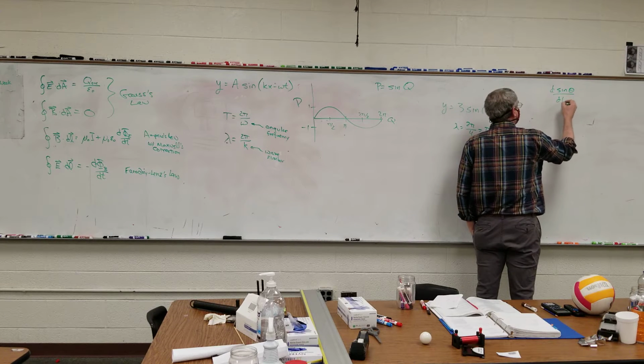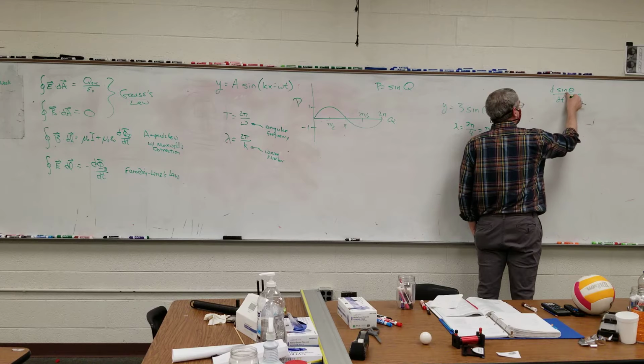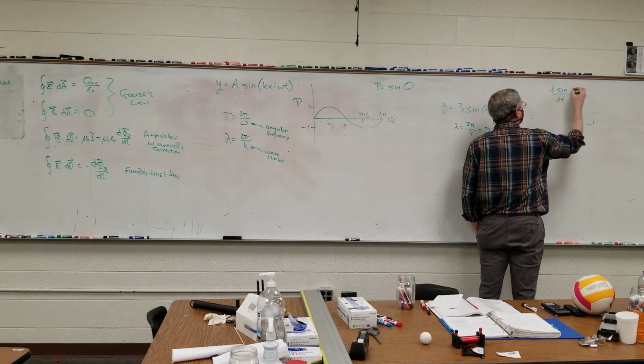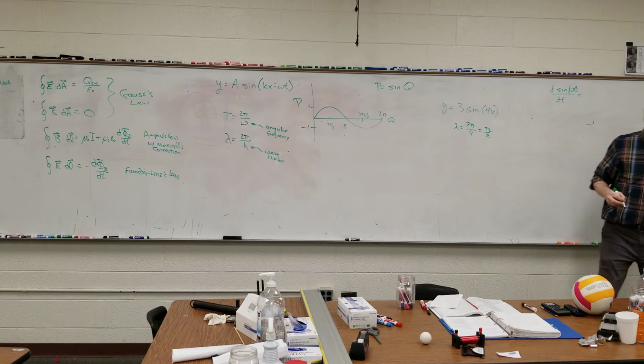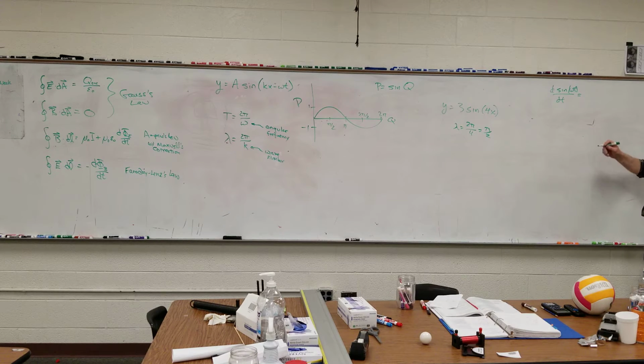d sine theta dt. Let's make it sine omega t: d sine omega t dt. Omega cosine omega t. The derivative of sine is not sine.